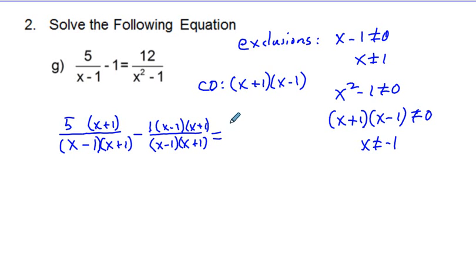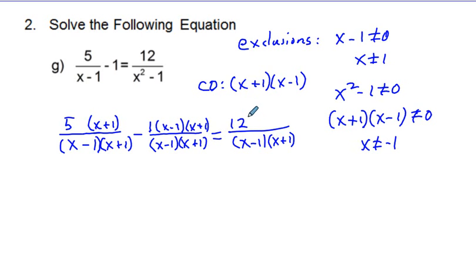We have 12, and we already have x squared minus 1. Or let me rewrite this in the factored form. We're going to have x minus 1, x plus 1.